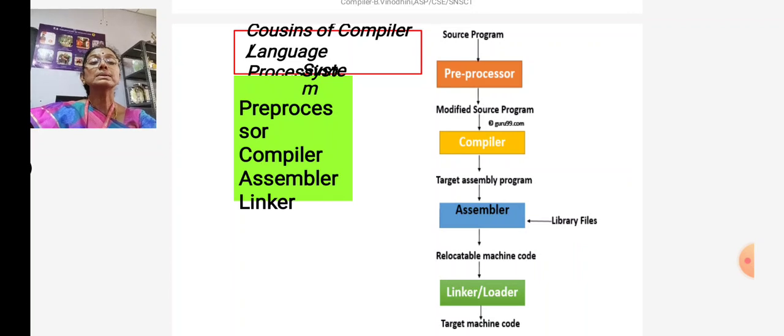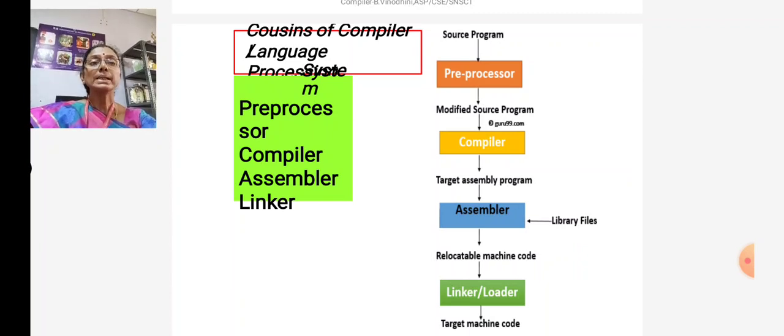The preprocessor gets our high level language program as input and produces a pre-processed high level language program as output. Next, the compiler gets the output from the preprocessor and produces a target assembly level language program. The assembly level language program is given as input to the assembler, which produces relocatable machine code.